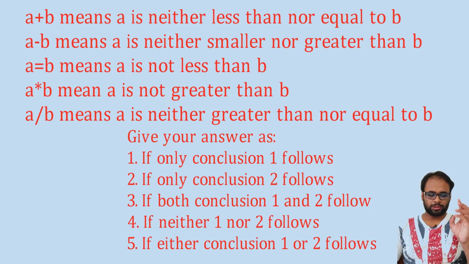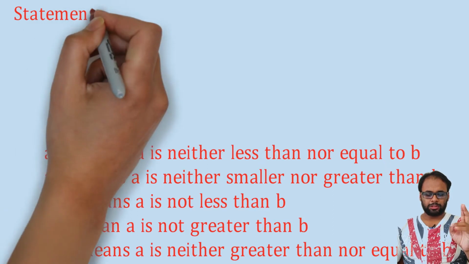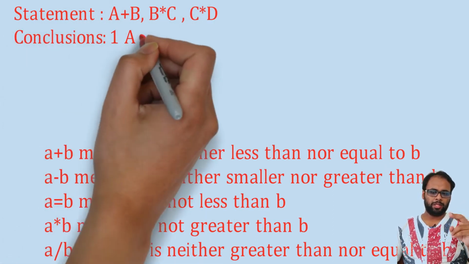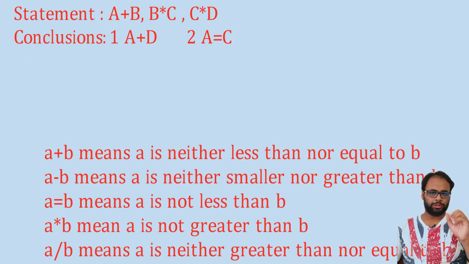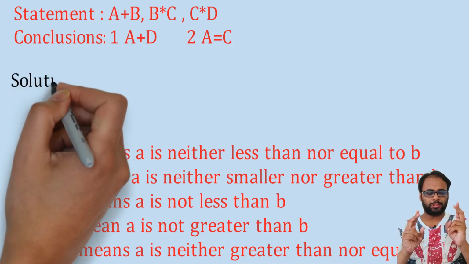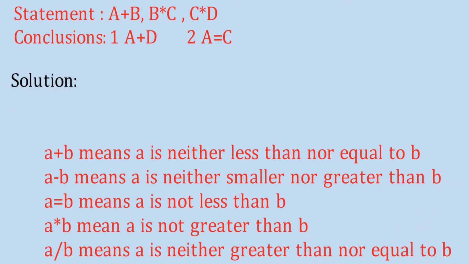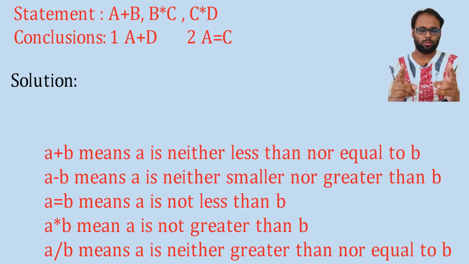The question is, statement is given. The statement is A plus B, B into C, C into D. Whatever is given in the statement part, we have to consider as true, and whatever interpretations in symbolic form are given in the question, we have to apply them.